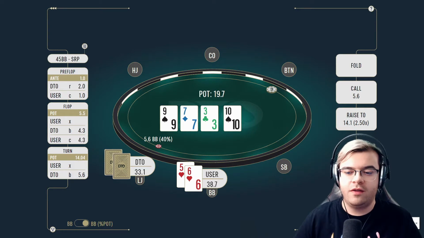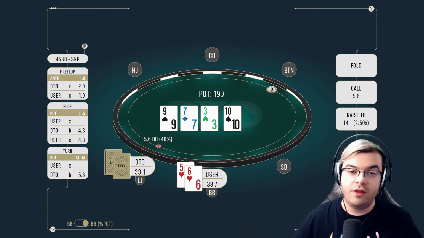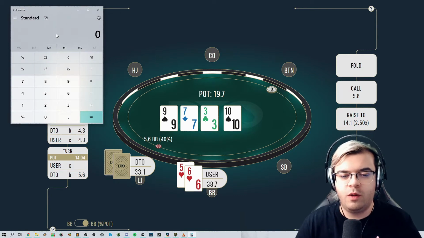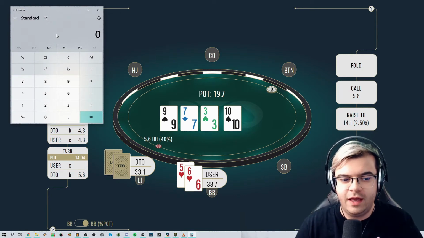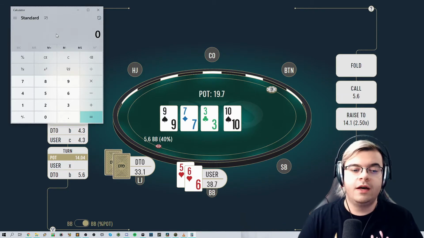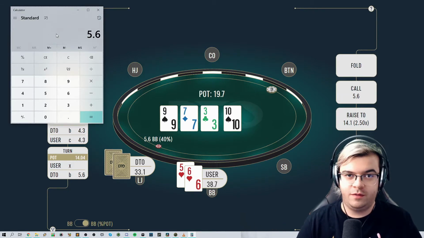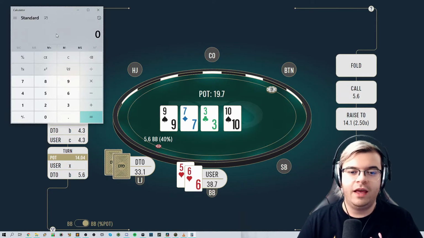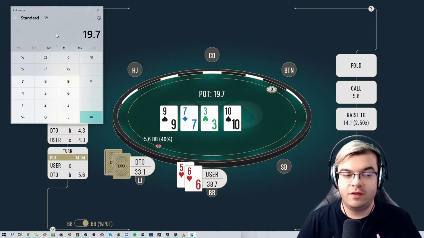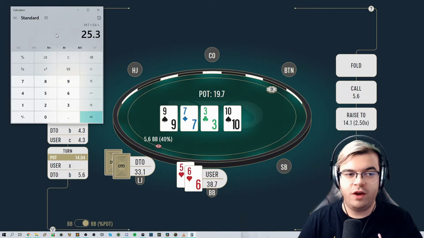How you calculate pot odds is you divide the bet that you have to call by the total pot that will be there after you call. If we pull up the calculator here, we'll see that the total pot is 19.7, and your opponent bet 5.6, which is included in that total pot. So you have to call 5.6, the 40% bet that he made, into a total of 19.7 plus the 5.6, which is 25.3.